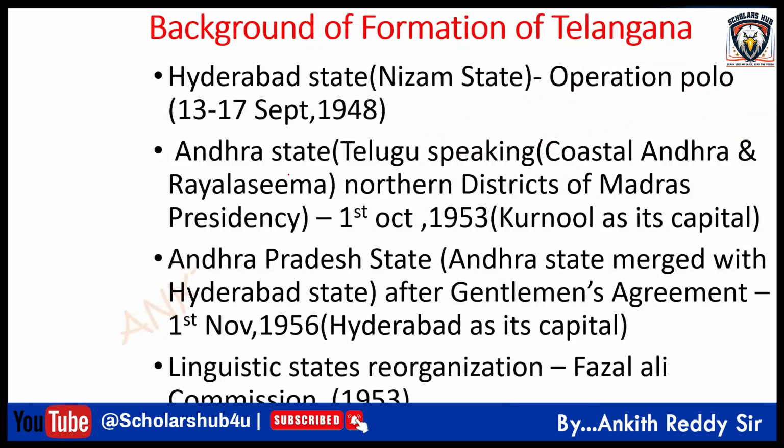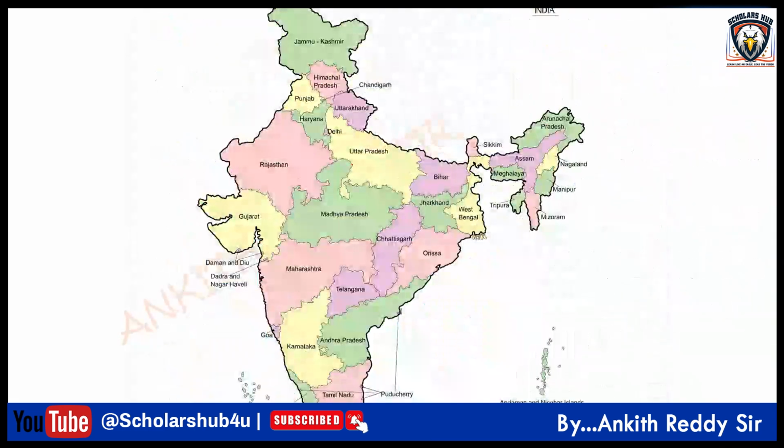Then, parallel to that, you know that the present Andhra state, that is the coastal Andhra and Rayalaseema, was actually part of the Madras state, Madras province.